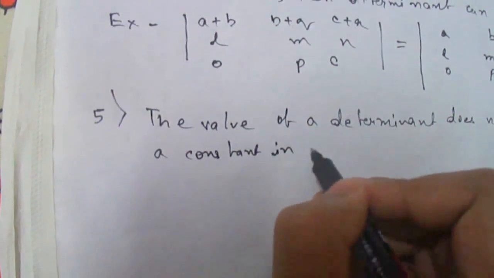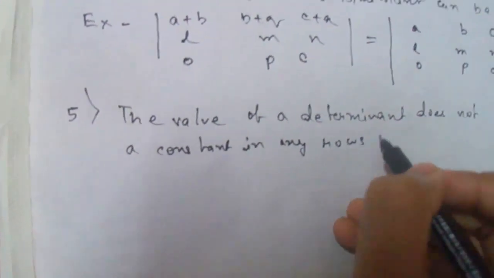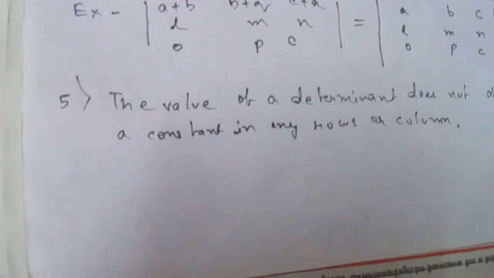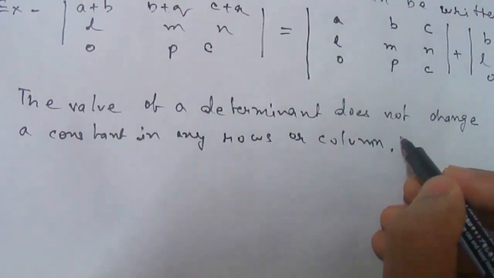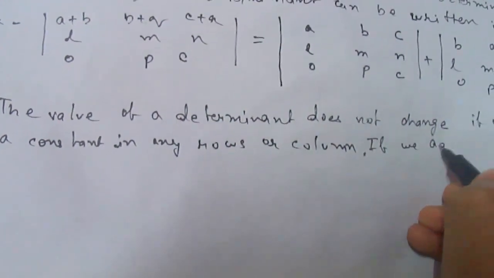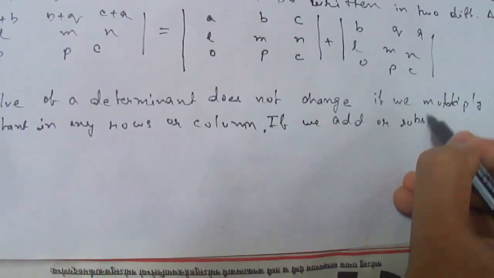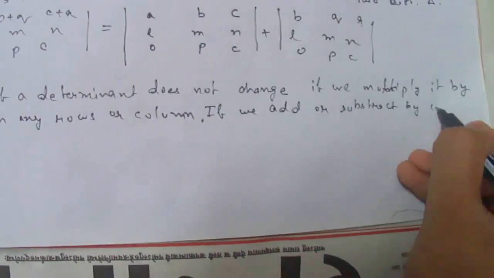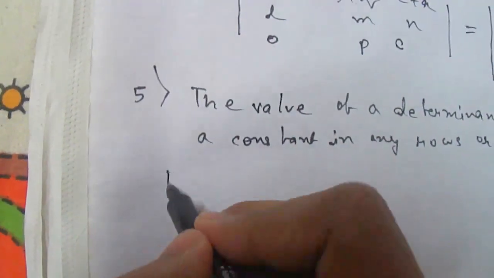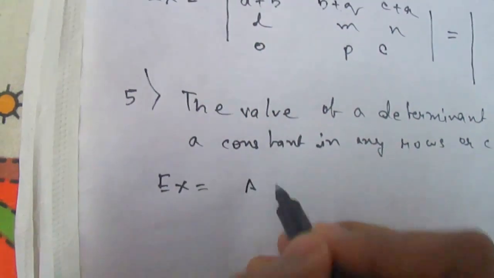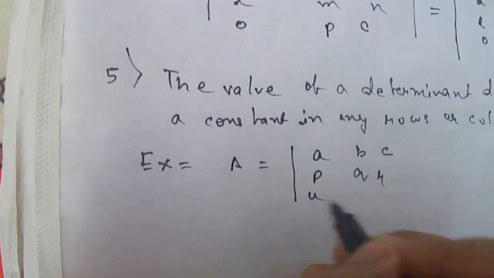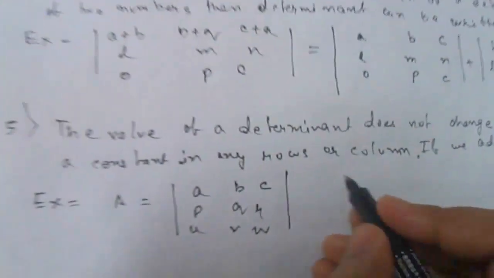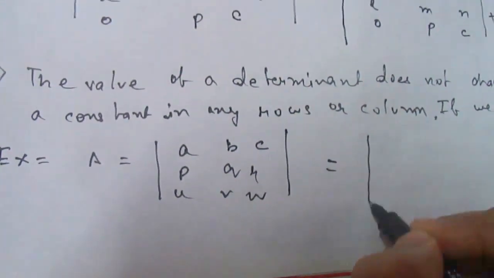This also holds if we add or subtract a constant multiple. So let me show an example. Suppose our original determinant is a, b, c, p, q, r, u, v, w. We can bring changes in our determinant like this.